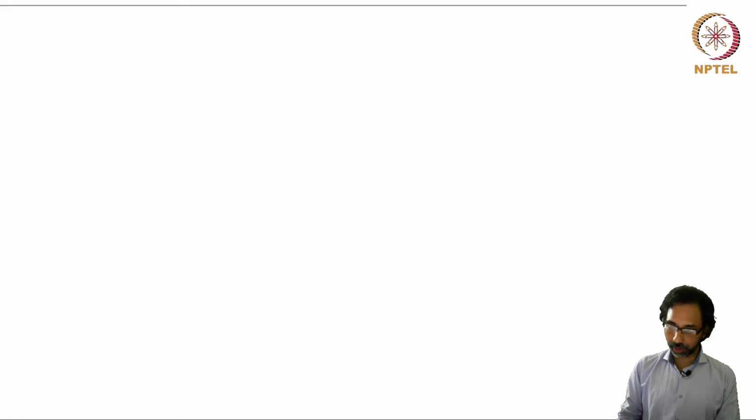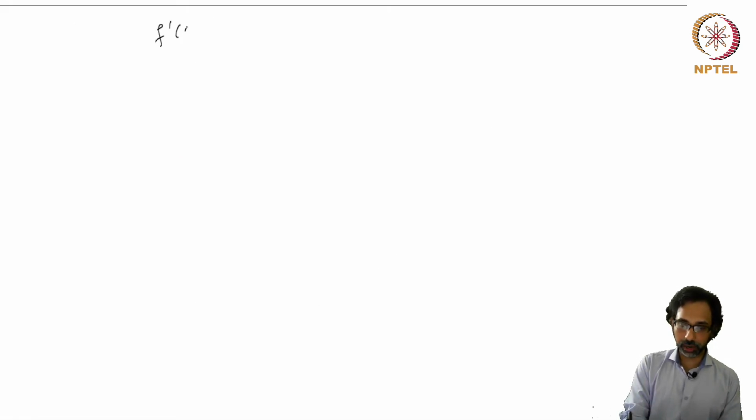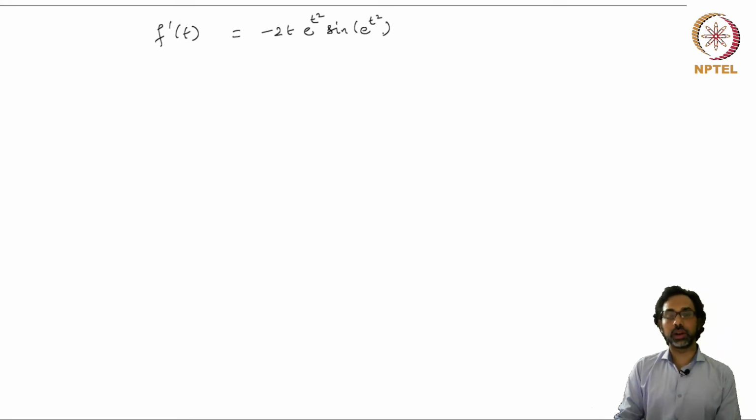But if we take f prime t, this is minus 2t e to the t squared times sine of e to the t squared. And now we have this exponential of t squared out of the sine and cos terms, but this is not of exponential order.